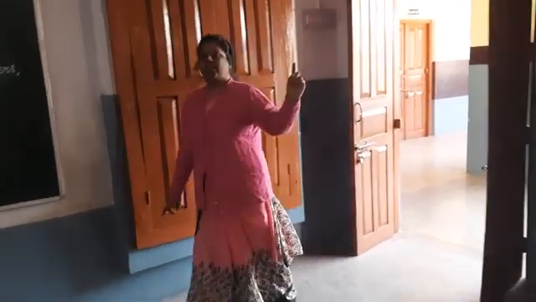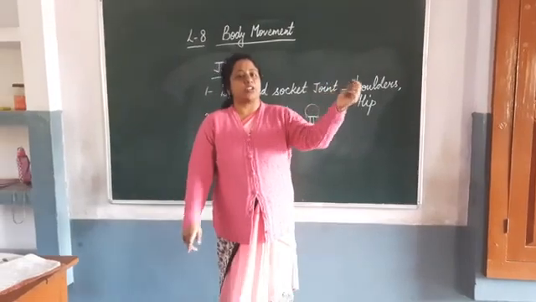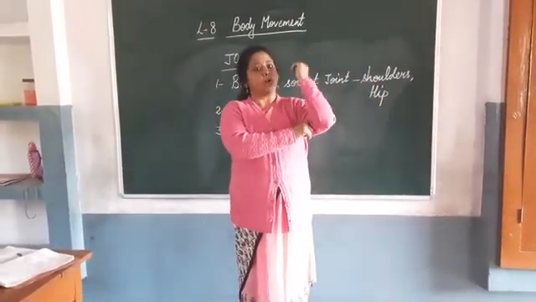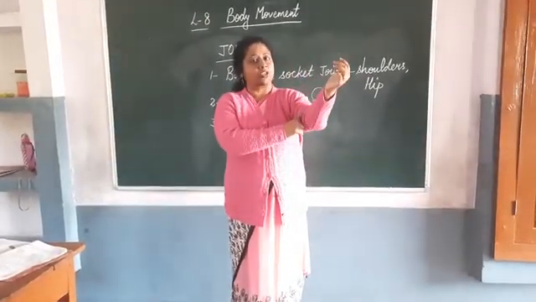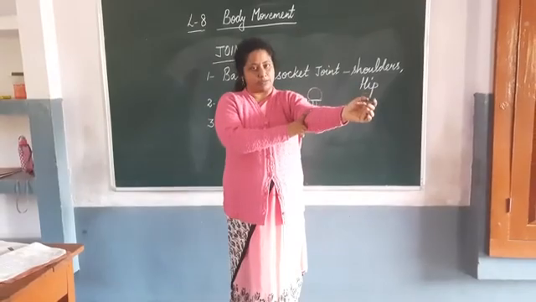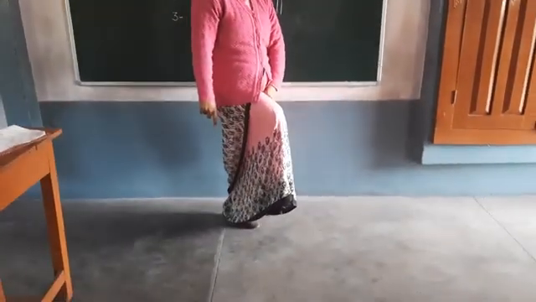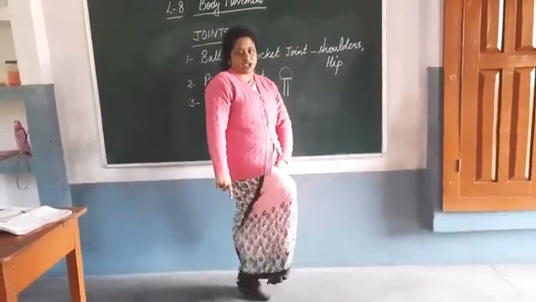So in the same way in our body also there is a hinge. Hinge joint is present in our elbows. Yesterday I told you, elbow, see, movement is possible only in one direction. And secondly in our knees. Yesterday I told you again, knees, see, movement is possible only in one direction.